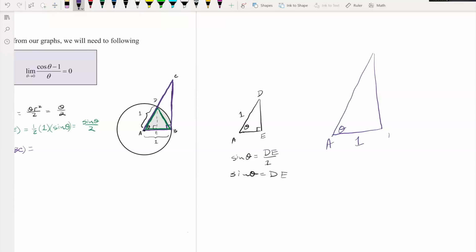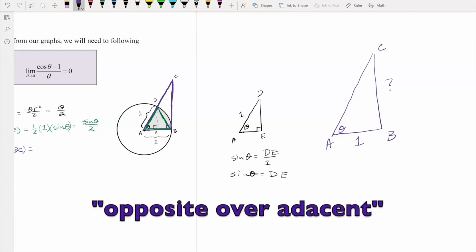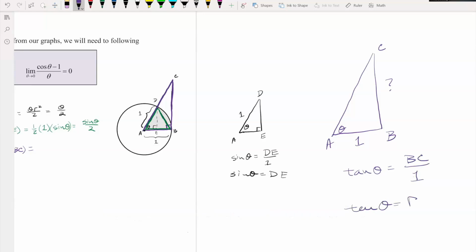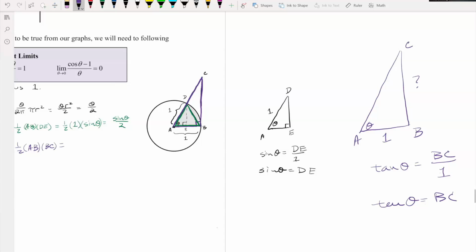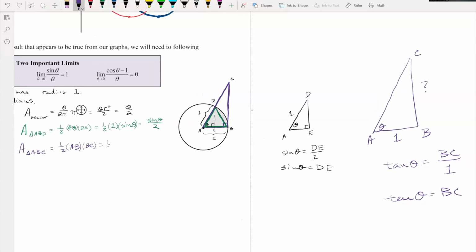This is A, B, C, and we want to figure out this height. So which trig function can we use now on theta to relate BC with theta and 1? Tan. Good. Tan theta is equal to BC over 1. In other words, tan theta is equal to BC. And so now I can come over here in purple. I've got 1/2 the base times the height, which is tan theta, and this becomes tan theta over 2.